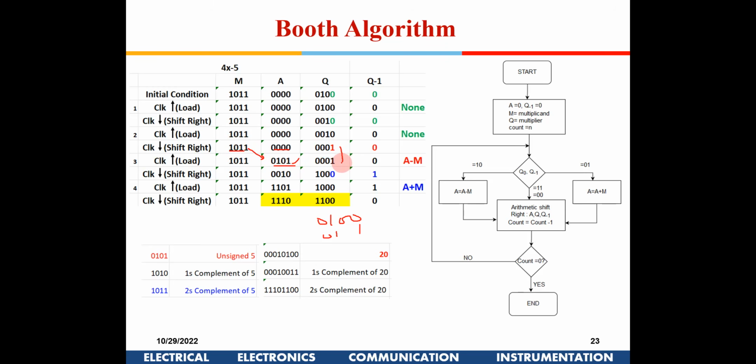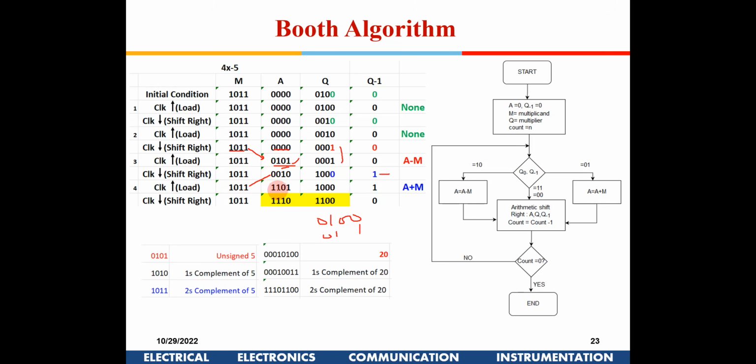Now after that, once having loaded that, I do one shift operation. Once I do shift, again this 1 0 1 0, this 1 is pushed here, this 1 goes to the next out here. So I have this now. Now I have 0 1, and now 0 1 says it has to do a plus M, right? This is a negative number, but I just have to do a plus M. So I am adding these two.